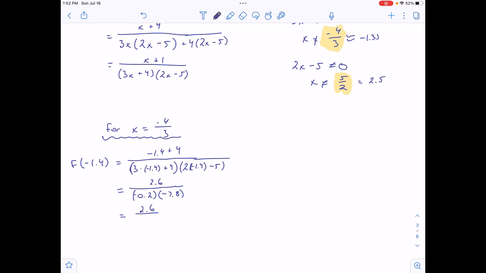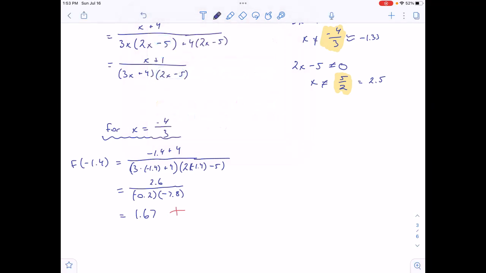Actually, I'm just going to skip that one. We can see here that it's going to be positive at the end of the day. I've got a positive numerator and then a double negative in my denominator. We'll do the math, but we know it's going to be positive. This is about 1.67, so it's positive.